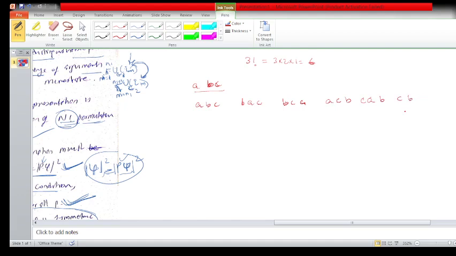So all these 6 possibilities are there. The total number of permutations is 6, and these are the 6 possible permutations.